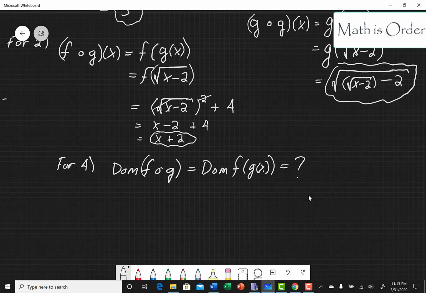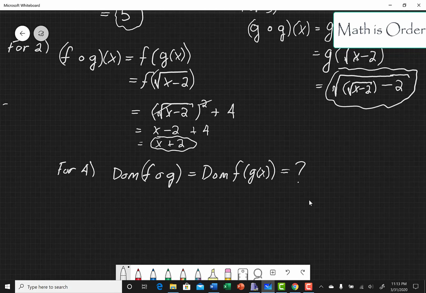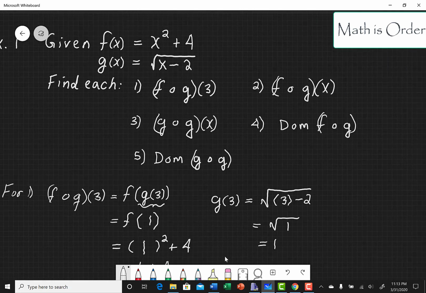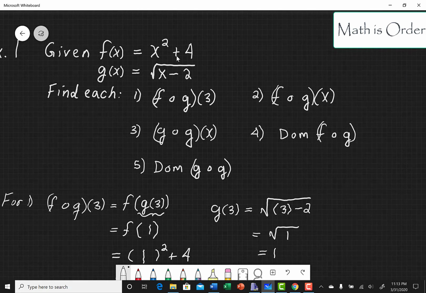So I would start off this problem by first asking, what is the domain of f? What is the domain of g? If we look at our original function, f is a polynomial function.